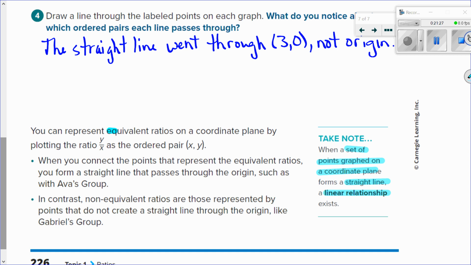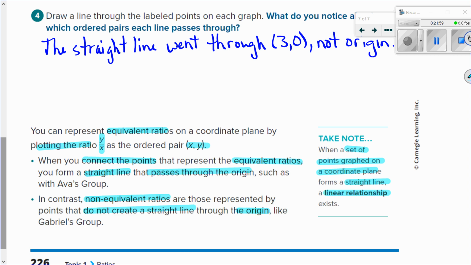You can represent equivalent ratios on a coordinate plane by plotting the ratio y over x as the ordered pair x, y. So you just reverse it to put it on there. When you connect the points that represent the equivalent ratios, you form a straight line that passes through the origin, such as Ava's. Non-equivalent ratios are those represented by points that do not create a straight line through the origin, like Gabriel's group. So that is your biggest difference.